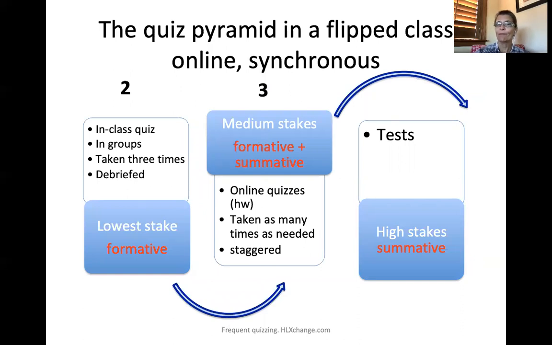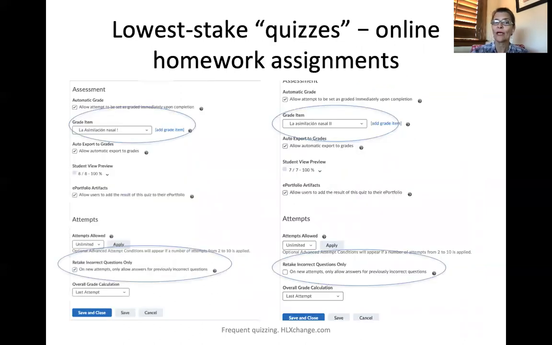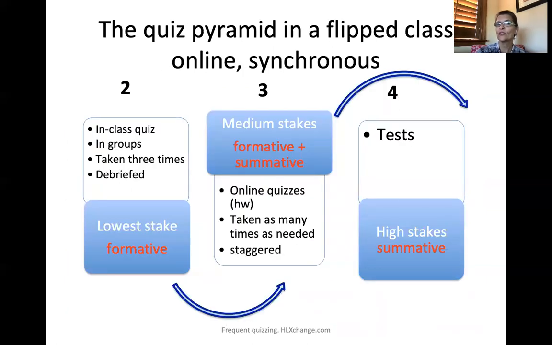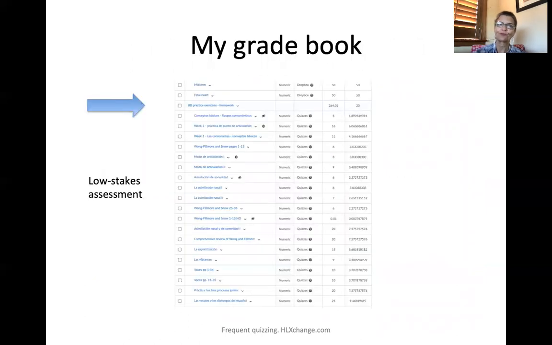That's the third step. Then that third step involves the homework assignment, taking online quizzes after you've done the in-class quiz and it's been debriefed in class. We move to the online quizzes to be done as homework, right? And again, the same idea. And finally, students show up and take the test in class.